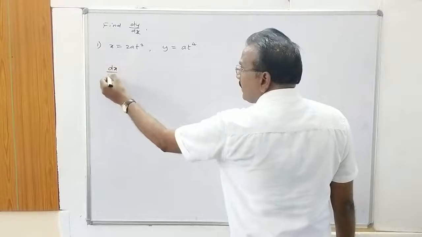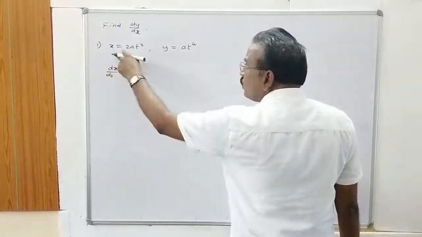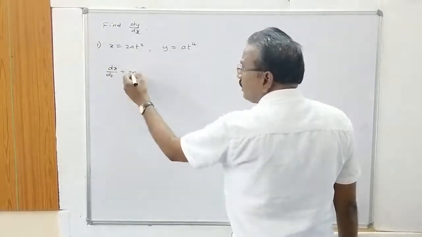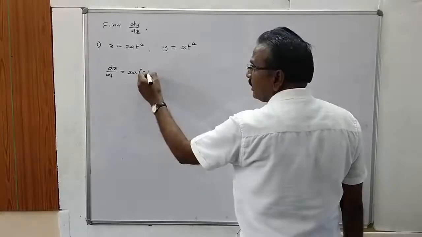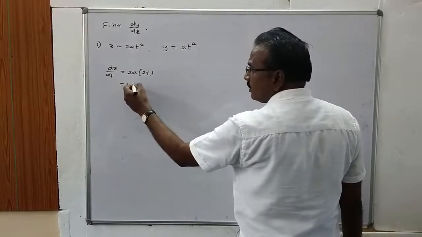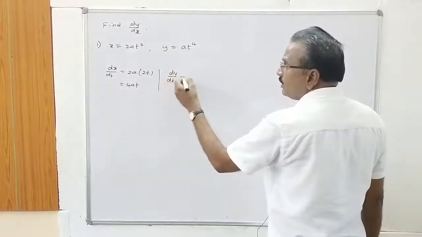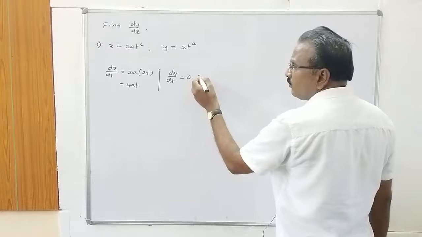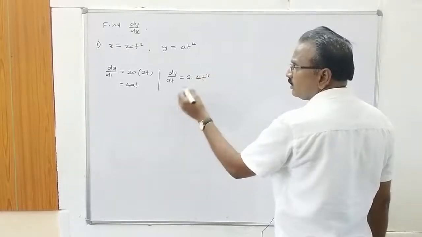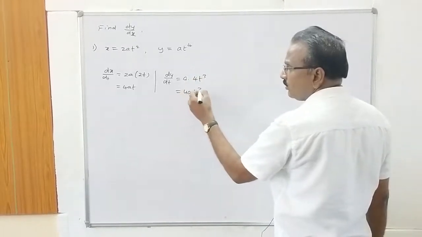So what is dx by dt? Differentiate with respect to t. Dx by dt is equal to a into derivative of t square, which is 2t. So that is 2at. Next, what is dy by dt? a into derivative of t to the power 4 is 4t cube. That is 4at cube.